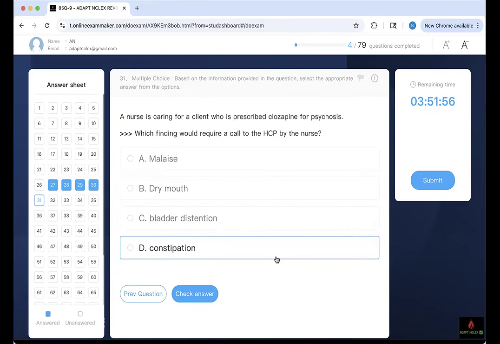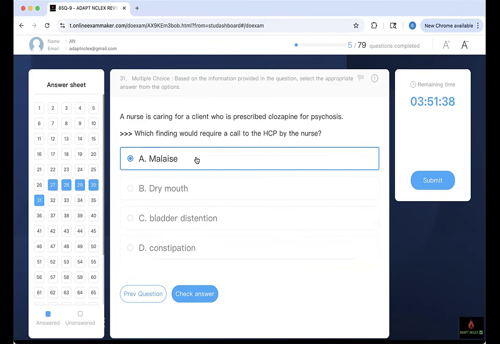This is a test-taking strategy. I want you to stop the video and I want to know which answer choice you pick for this particular question. Which one would you call the doctor about? Malaise, dry mouth, bladder distension, constipation. I can tell you the right answer is malaise. Why? Clozapine causes agranulocytosis, and infection in agranulocytosis is a bad problem.